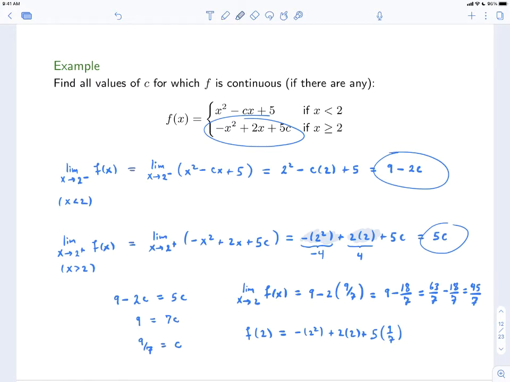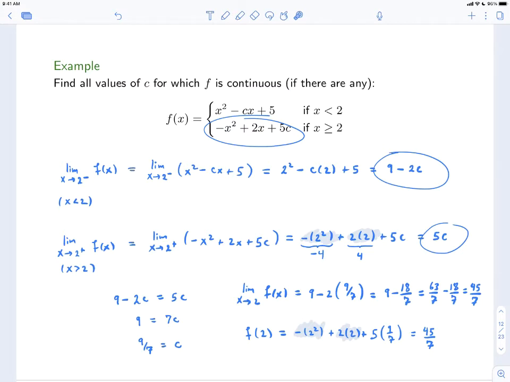And just like before when we were computing using the bottom rule, this -4 and this +4 cancel, and you're just left with 5 times 9 over 7, which is 45 over 7. So what we've shown here is that the limit as x approaches 2 of f at x has the same value as f at 2, so the function is in fact continuous.